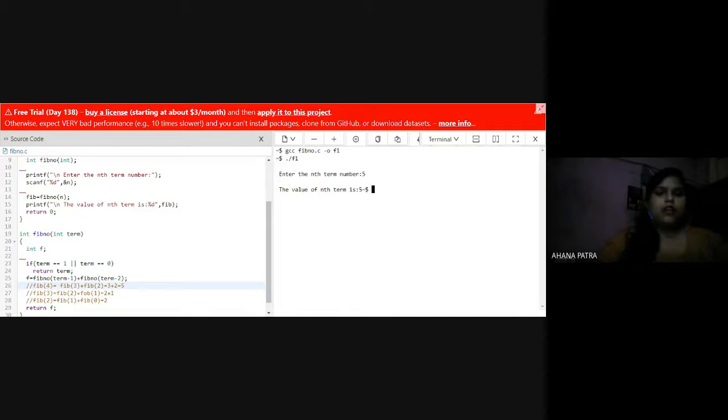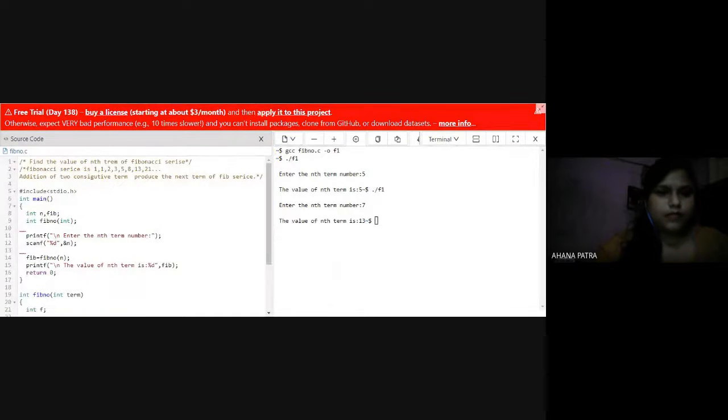We can also take another example. We run again, and if the term is 7, we get 13.